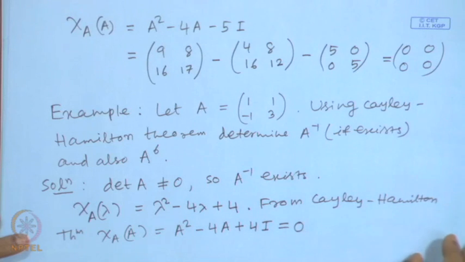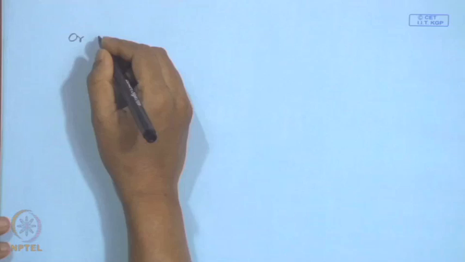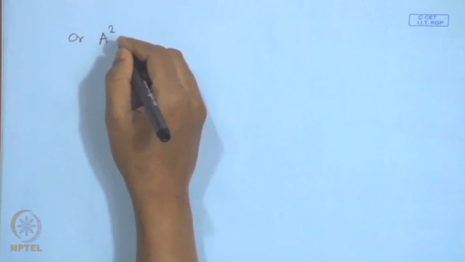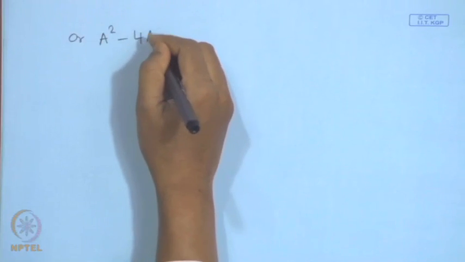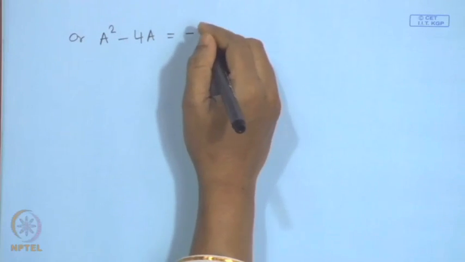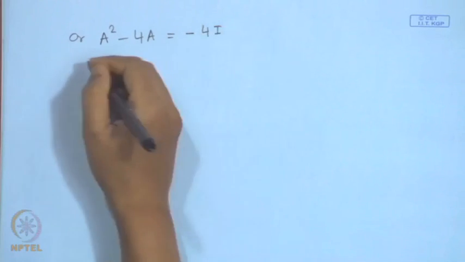From here we get that A square minus 4A equals minus 4 times the identity.